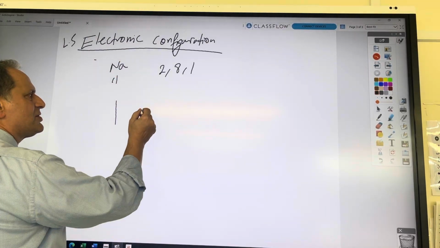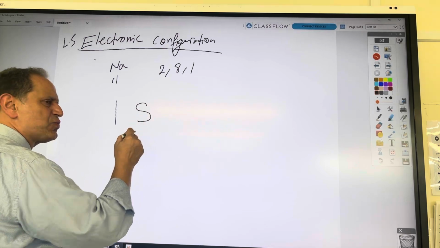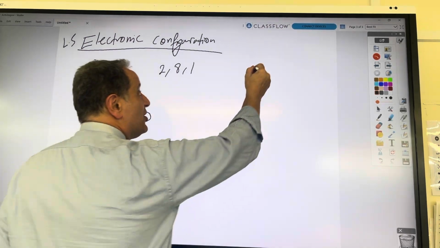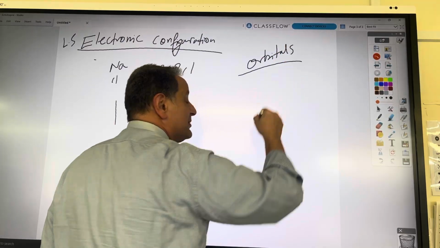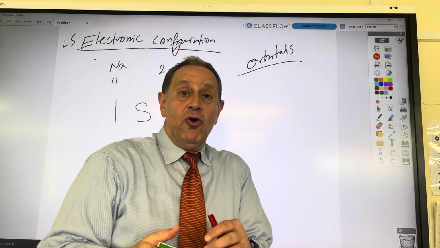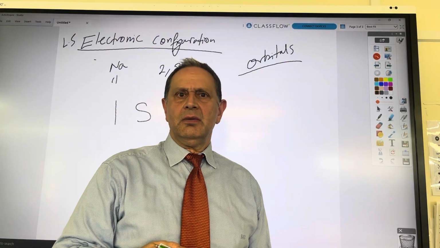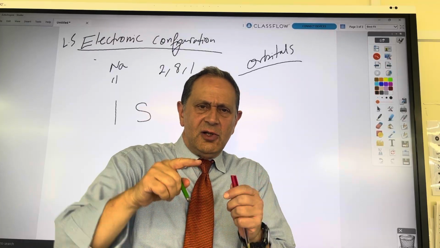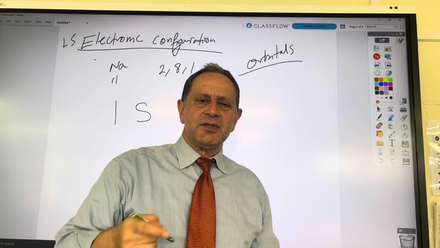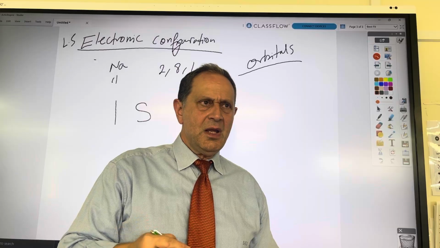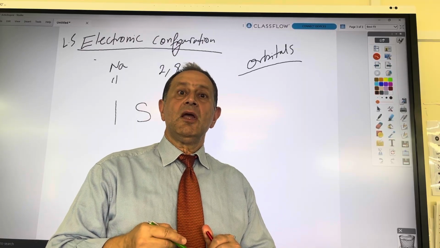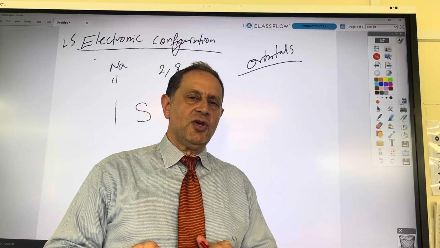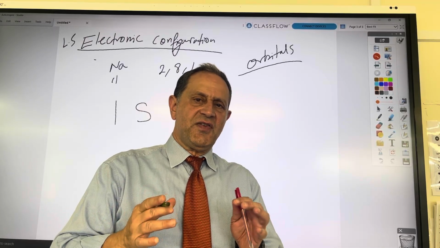They are called the s orbitals. You know, the subshells, orbitals. Name's on the tin, isn't it? Orbital means it's just orbiting around the nucleus, right? How does it orbit? In a circular motion, in all directions. So an s orbital is spherical.